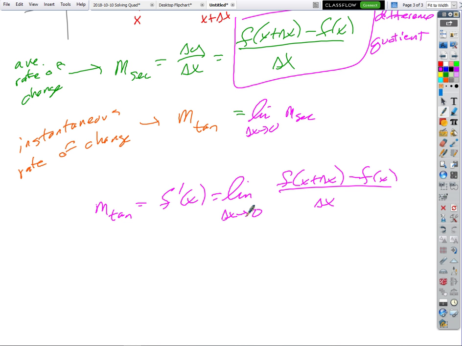Okay? Does that say delta x equals 0? As delta x goes to 0. I can't read my writing. Okay?